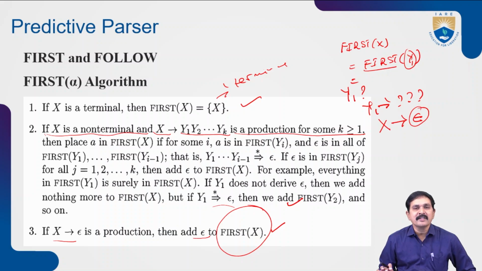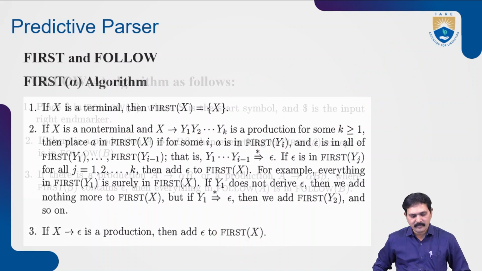At that time, first of x equal to first of y1. And again for first of y1, you can verify the derivation of y1. If it is a terminal, directly you return the terminal value; otherwise, recursively you call some other non-terminal, which should be the first symbol of the y1 production. That is the idea of the second one. And the third one is if x derives the null value, in that case first of x equal to null only.